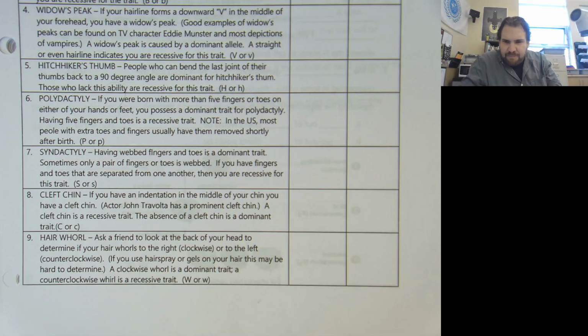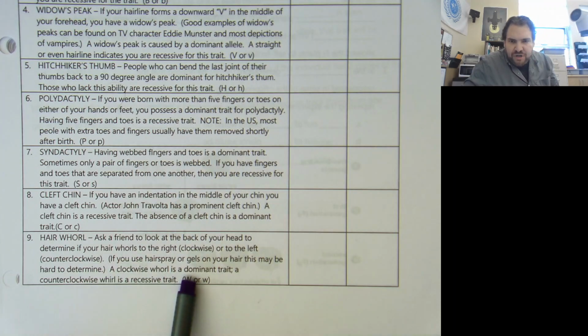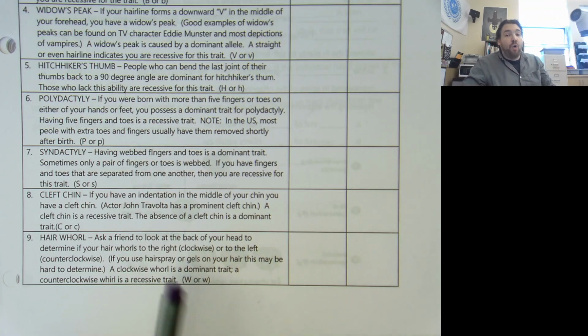What it says here is that a clockwise whorl is a dominant trait. But all we know is that clockwise whorls are more common than counterclockwise whorls, and that it's more complicated than just an individual gene.